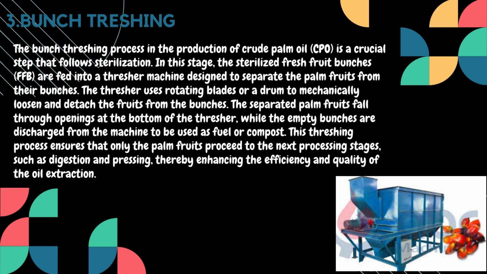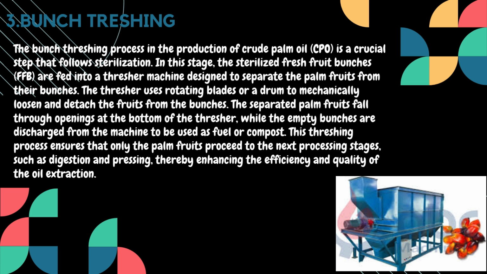Alright, so let's look at the third process, bunch threshing. What is bunch threshing? The bunch threshing process in the production of crude palm oil is a crucial step that follows sterilization. In this stage, the sterilized fresh fruit bunches are fed into the thresher machine designed to separate the palm fruits from their bunches. The thresher uses rotating blades or a drum to mechanically loosen and detach the fruits from the bunches.